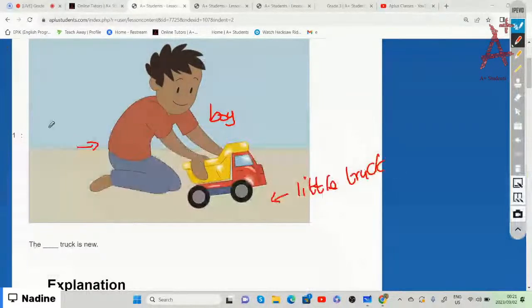So whose truck is new? We can then say the boy's truck is new. So the truck belongs to the boy. The boy owns the truck, right? He has the truck, which means that the boy's truck is new. It belongs to him. It is his.